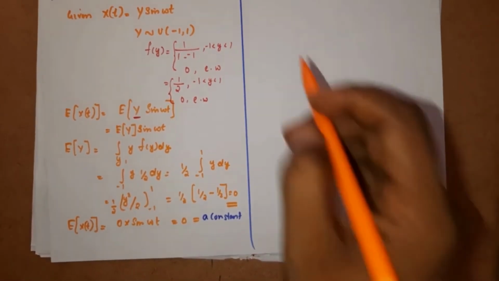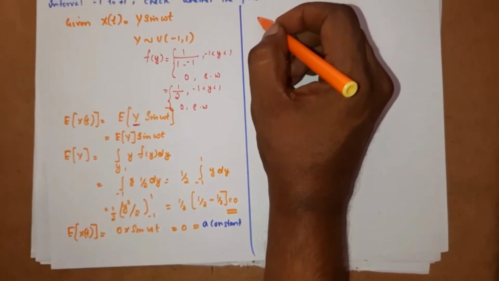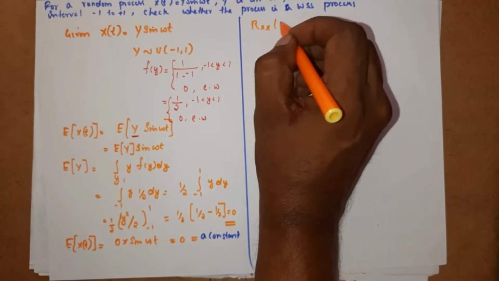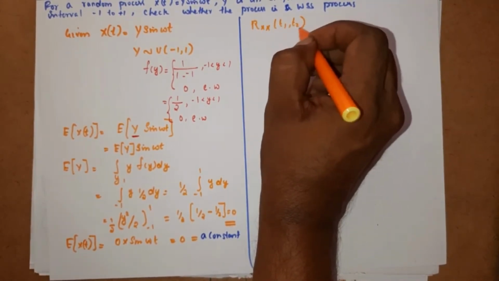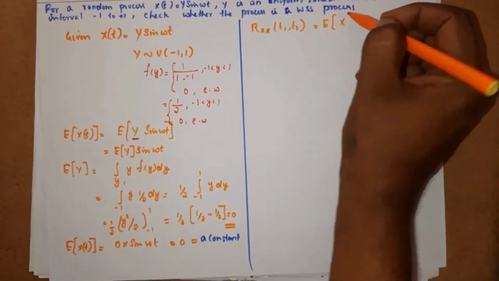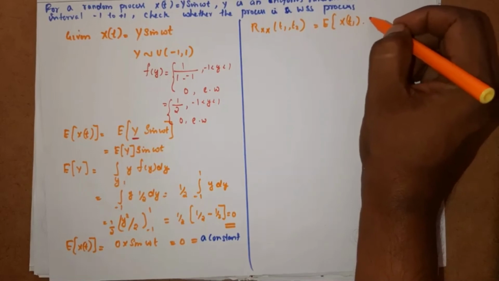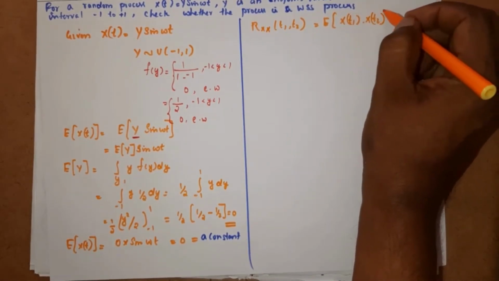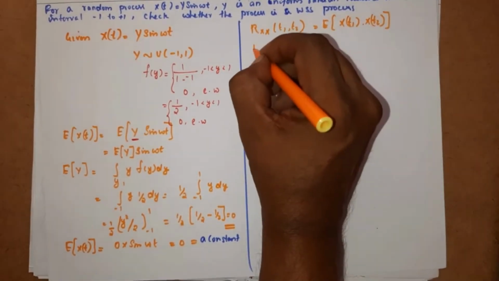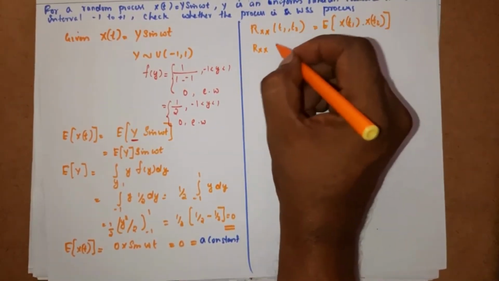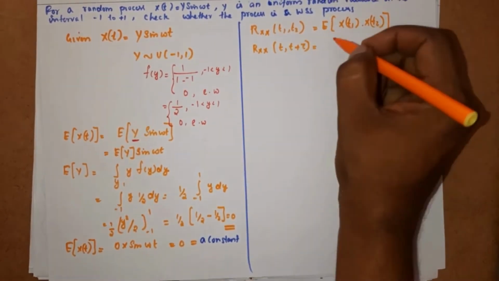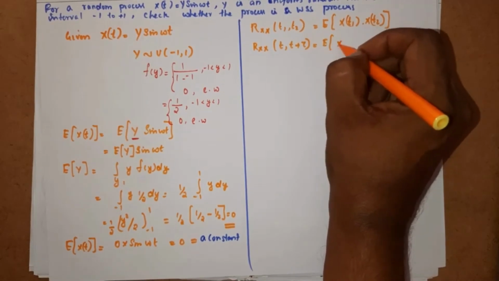Now we will have to find Rxx of t1 t2, which is equal to expectation of x t1 into x t2. You can use this formula or you can use Rxx of t, t plus 2. Any formula we can use.